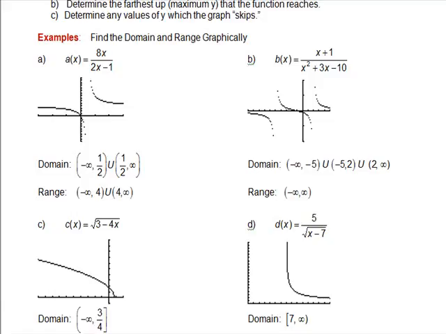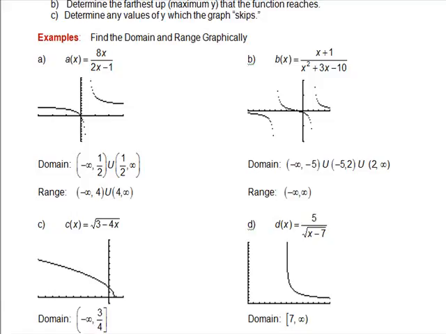Infinity always gets a parenthesis, so the negative infinity will have a parenthesis. We can't actually reach the 1/2, so we use the parenthesis on the right side. And the same with the second piece. We start at 1/2, comma, infinity, parentheses on both. We can't reach infinity. We also cannot actually equal 1/2.